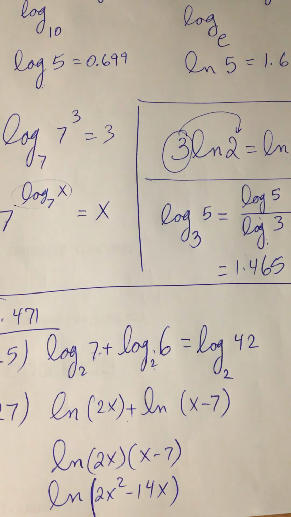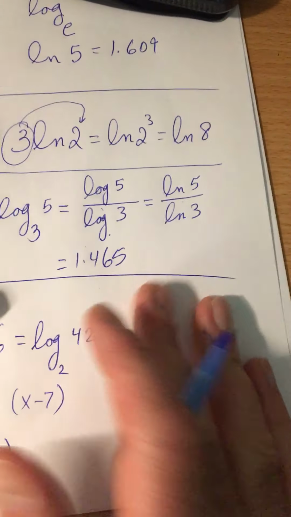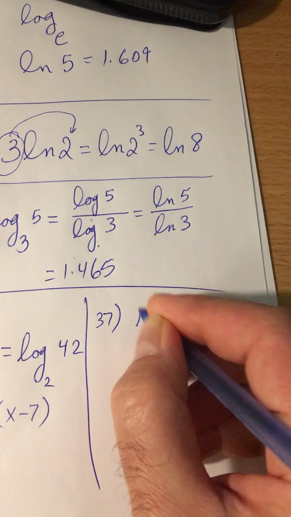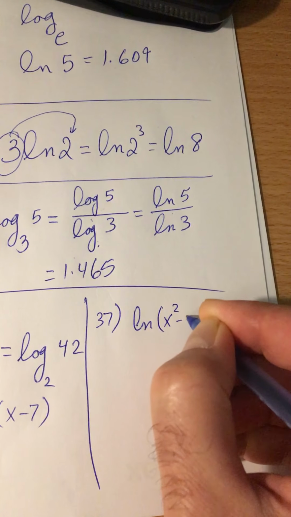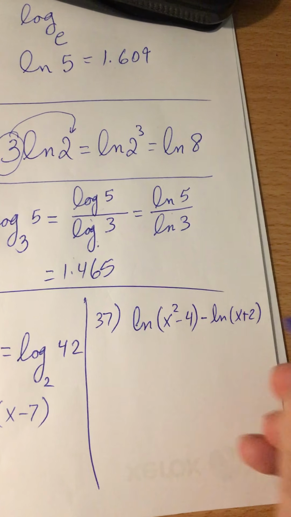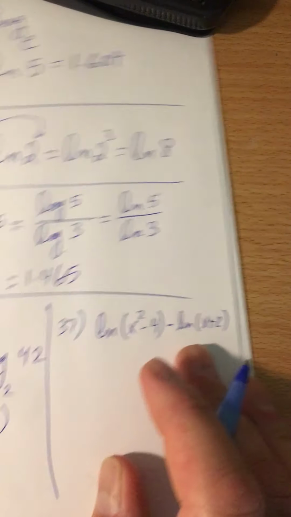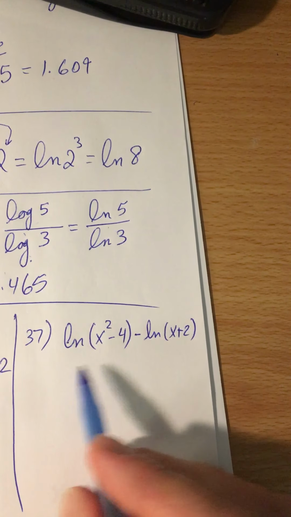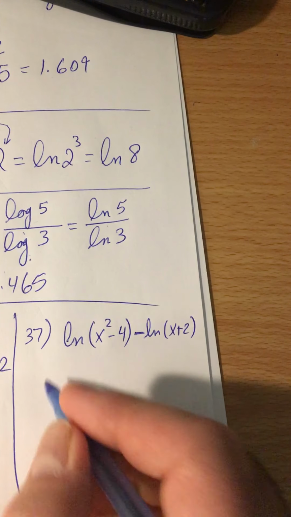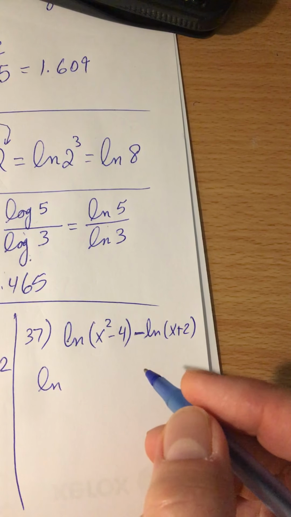Okay? Let me do one more. Number 37 is natural log of x squared minus 4 minus the natural log of x plus 2. Again, do they have the same base? Yes, they're both natural log. I can condense it, and I have a minus sign, so that becomes the reverse of the quotient property.